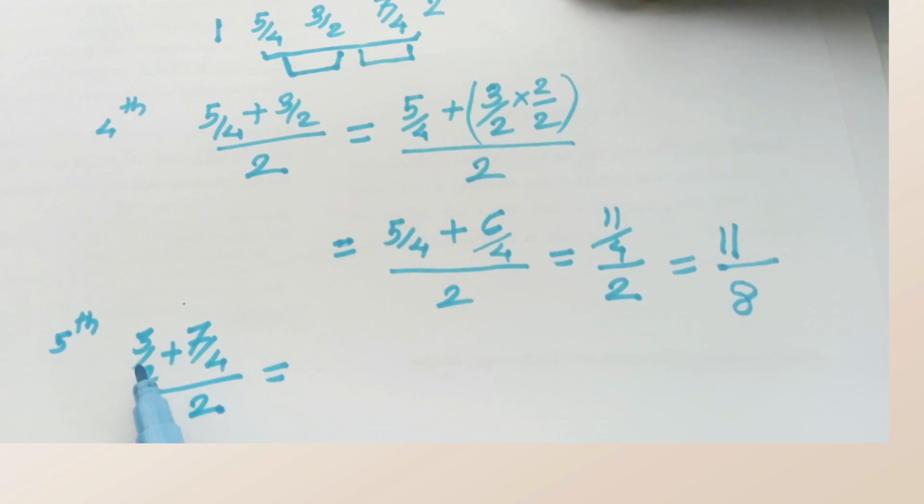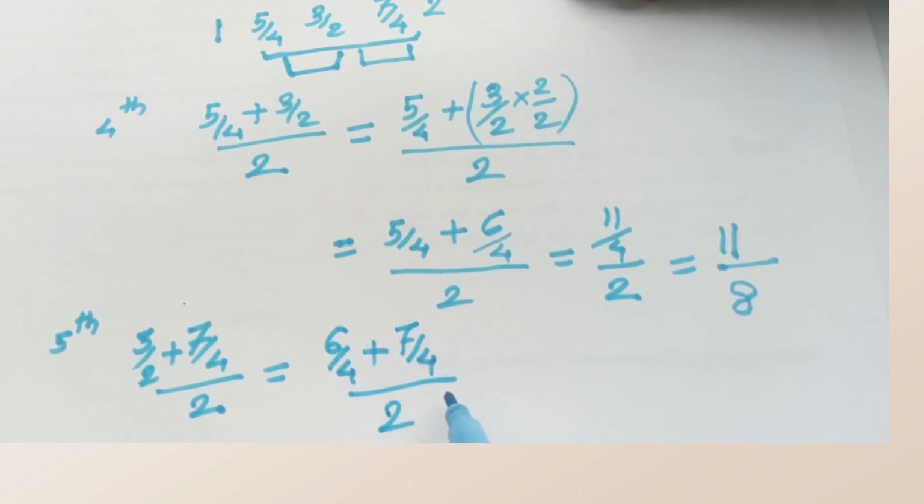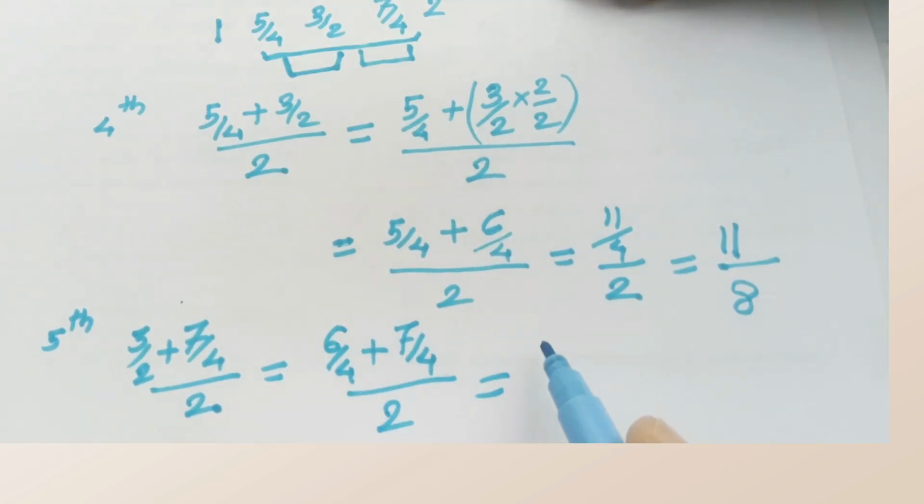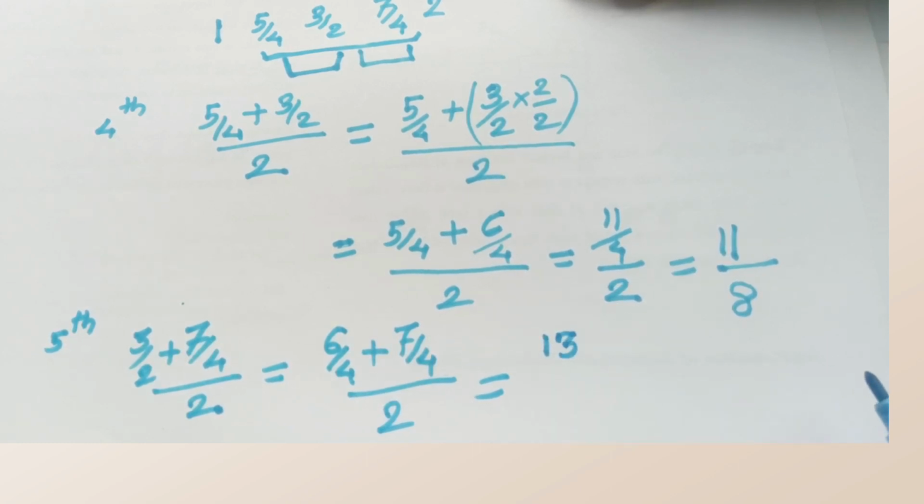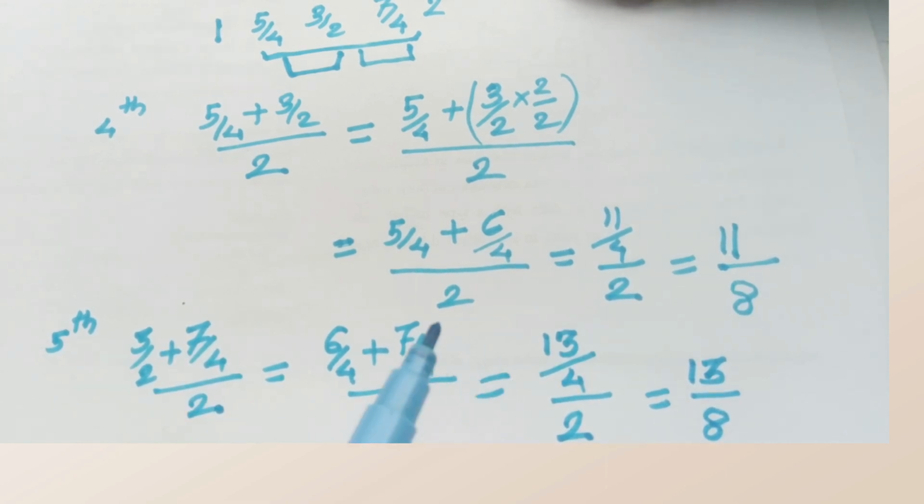So I am directly using 3 by 2 as 6 by 4 plus 7 by 4 divided by 2. Now here again the base is similar, take the addition of the numerator terms, then we get 6 plus 7 is 13 divided by 4 divided by 2. So here it is 13 divided by 8. Now we get the 5th rational number which lies between 1 and 2.